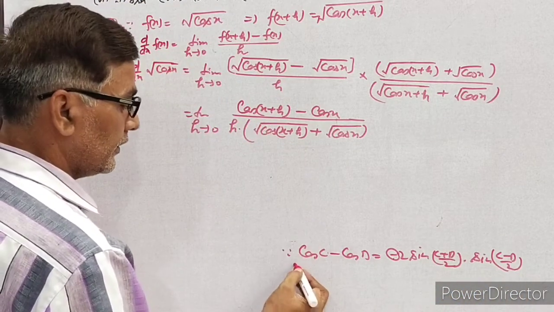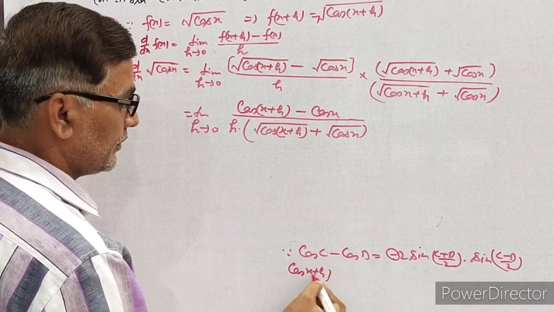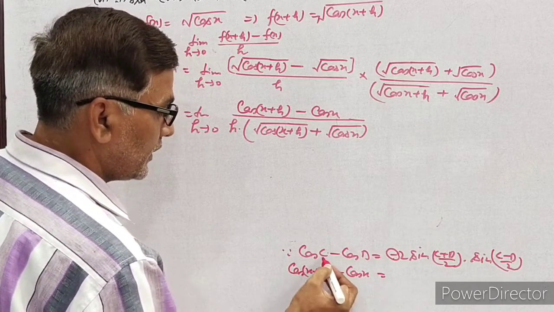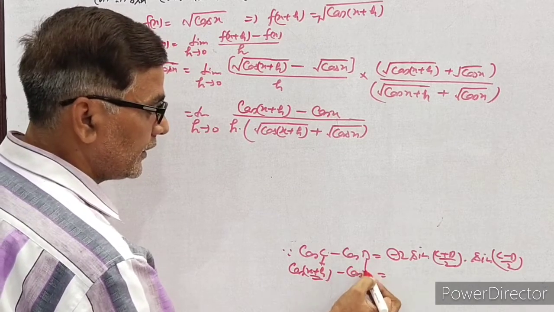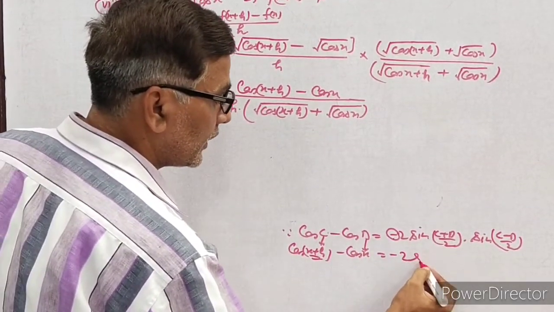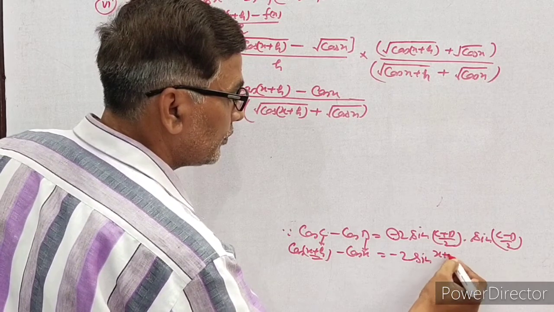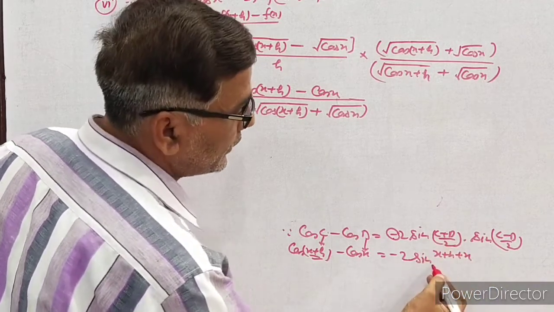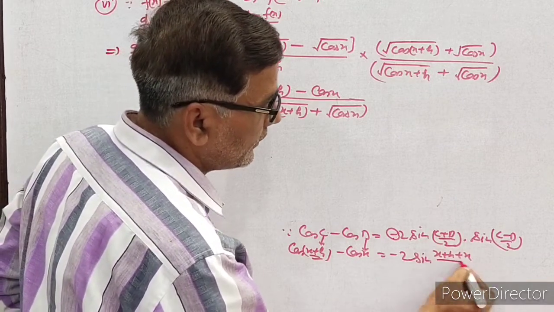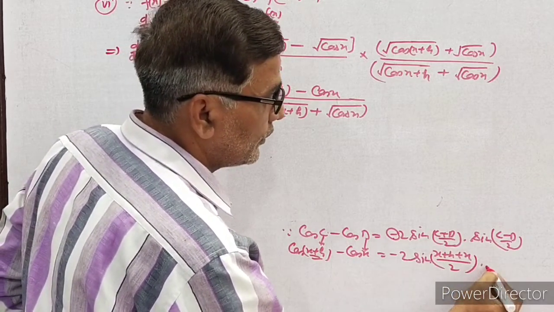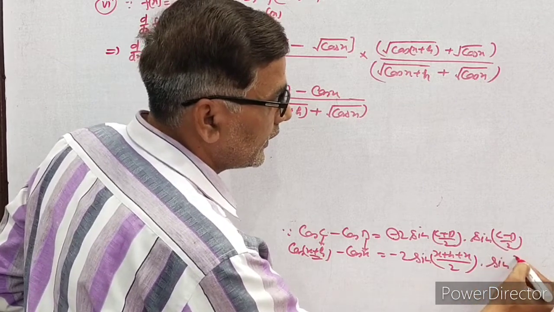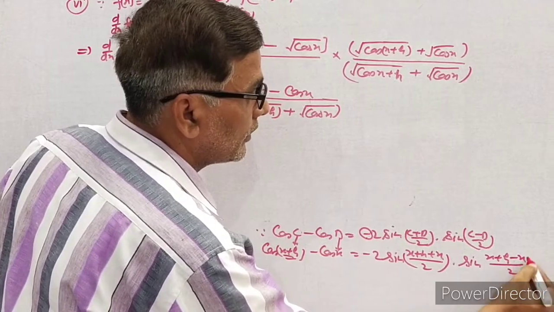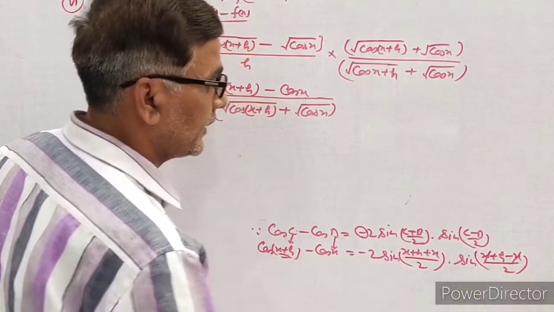Now the expression we have is cos (x plus h) minus cos x. Now replacing c by x plus h and d by x, we have minus 2 sine ((x plus h plus x) by 2) into sine ((x plus h minus x) by 2). Now x and x cancel out.